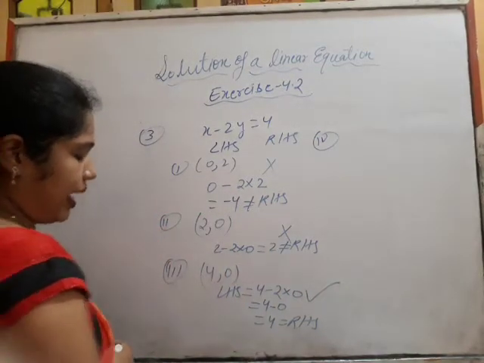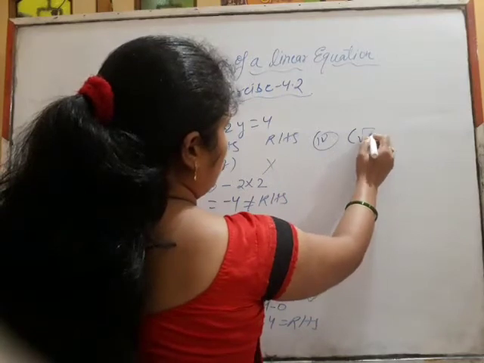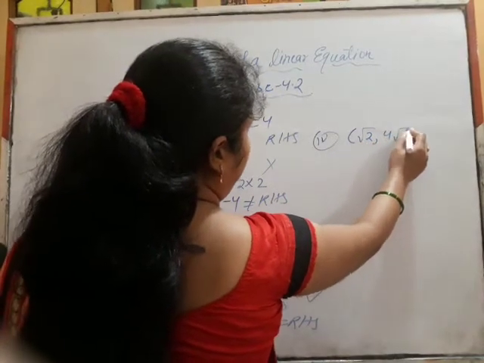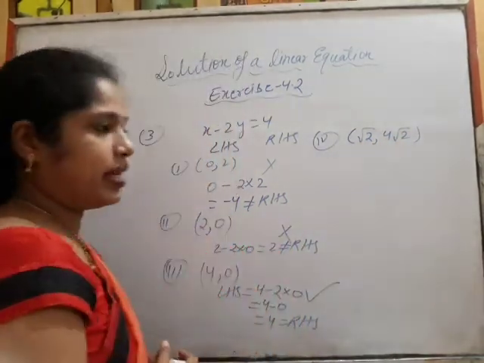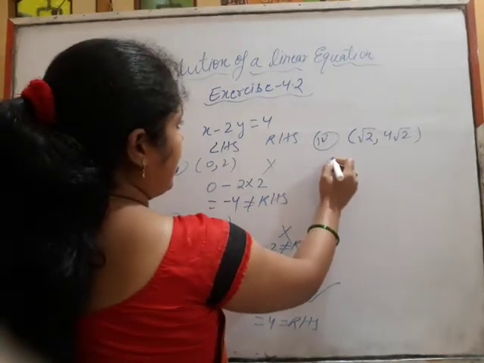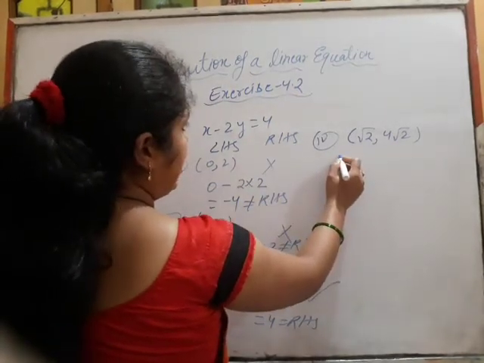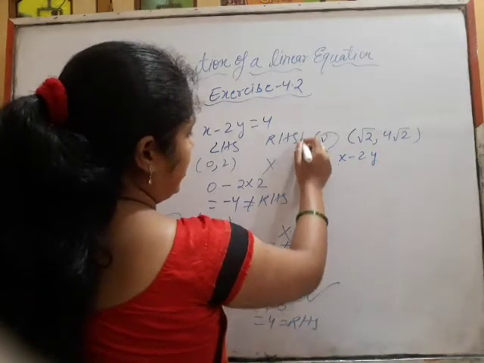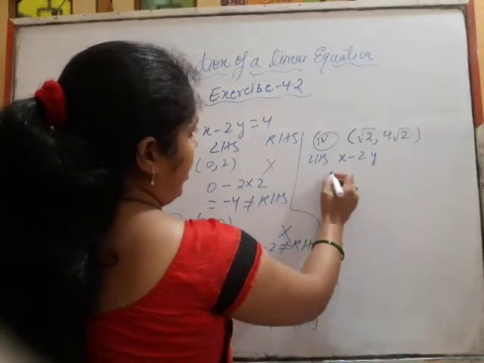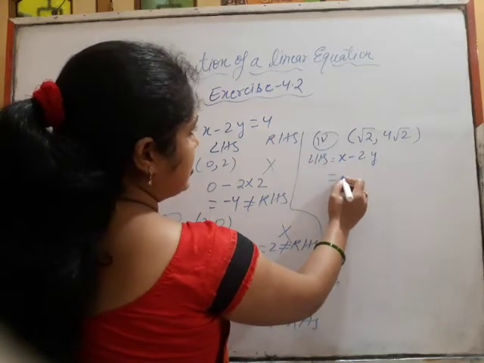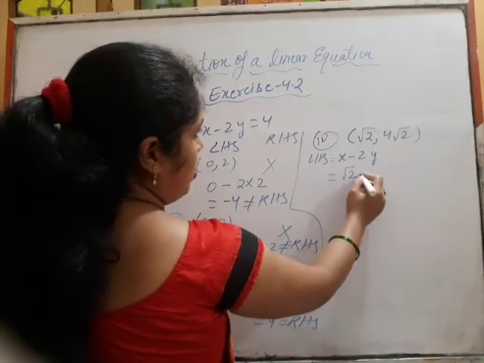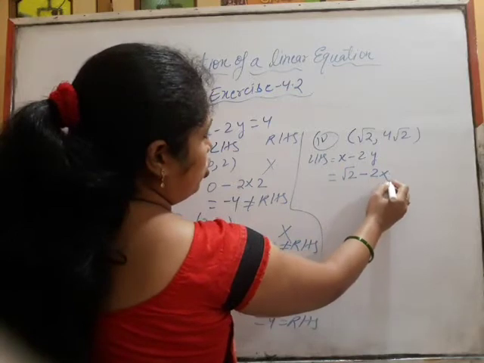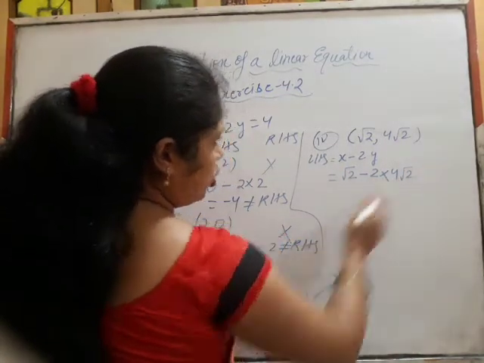Part 4. Root 2 and 4 root 2. Let us see whether they are a solution or not. Our LHS is x - 2y, which is root 2 minus 2 into 4 root 2.